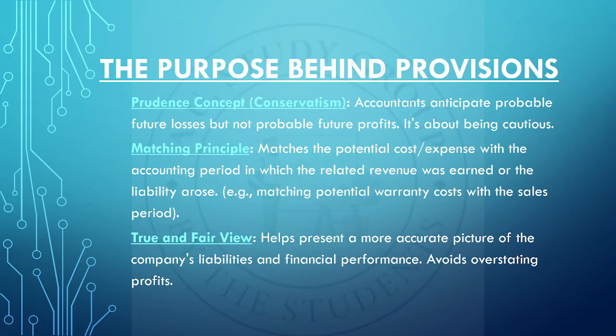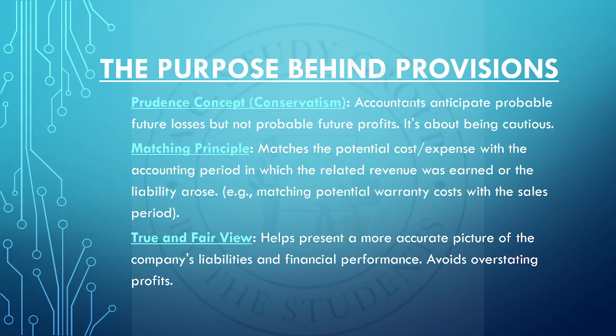Now, why do businesses do this? There are three main reasons. One is prudence, or conservatism. This is the accounting way of being cautious and recognizing potential losses as soon as they seem probable.